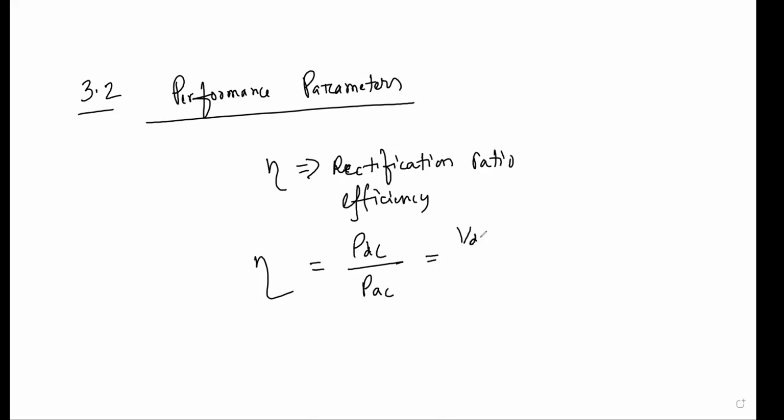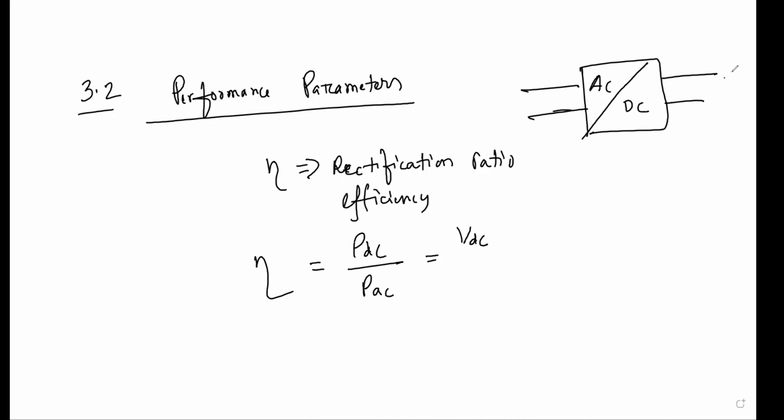It is from VDC, the output voltage of your rectifier. AC is coming from here, single phase we are showing, and this is your VDC. If the output voltage is V0, you have to find out the VDC average value. Also, you have to find out the IDC average value of the current, then PDC will be your VDC multiplied by IDC. This equation is 3.1 of your book.